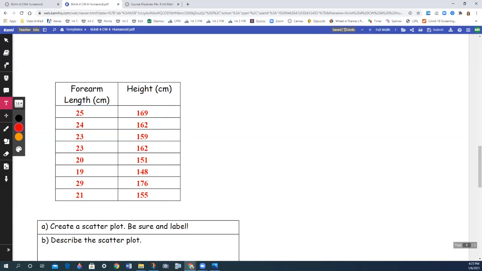Okay, so there's our data that I gave us in class today.